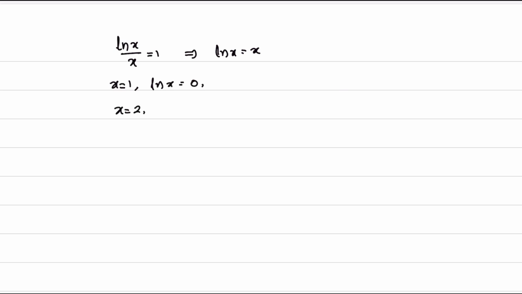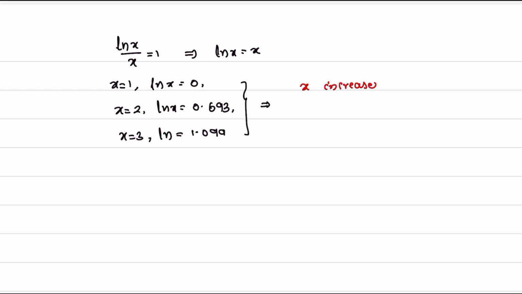When x is equal to 2, ln x is equal to 0.693. When x is equal to 3, ln x is equal to 1.099. You just see, the growth of x is more when compared with the growth of ln x. Please understand the behavior, the concept rather than the answer. x increases faster than ln x.